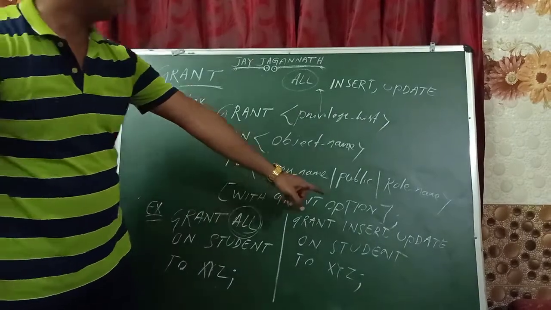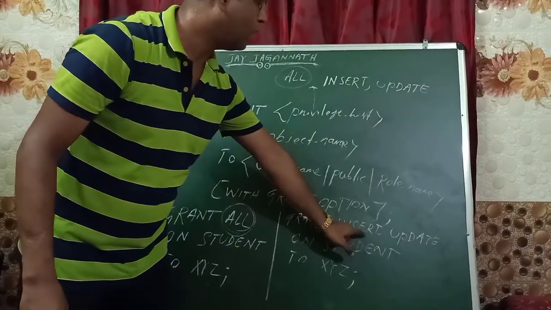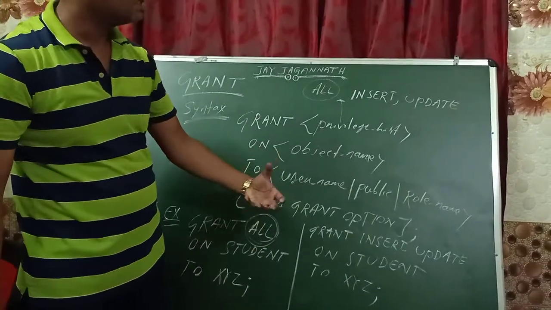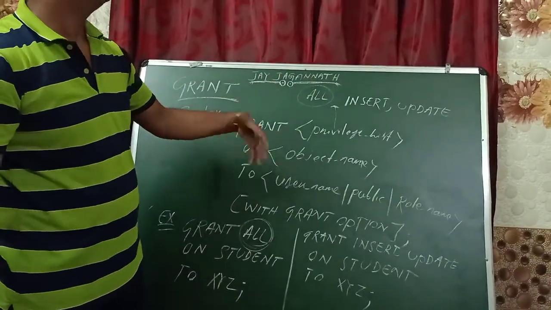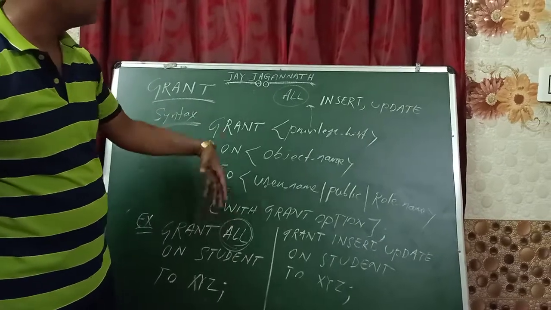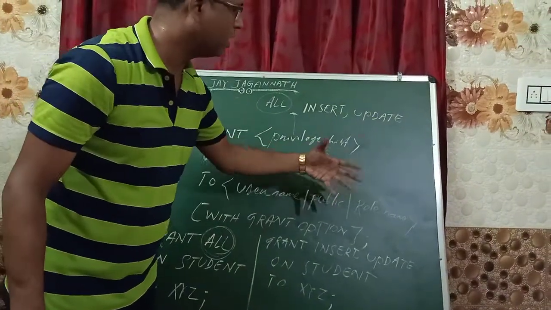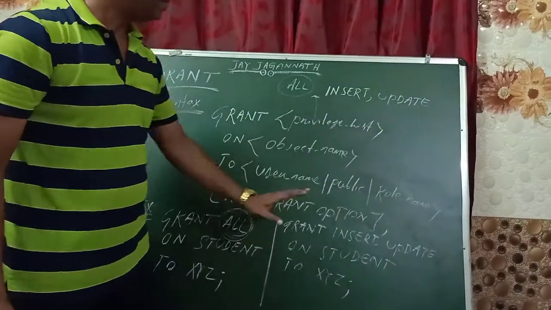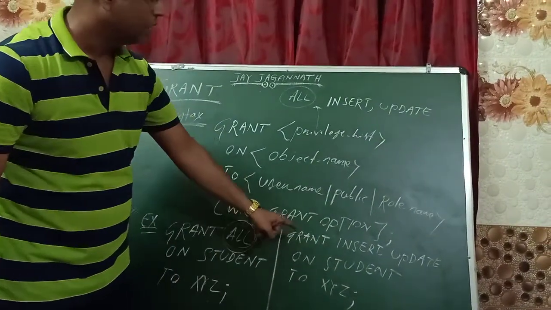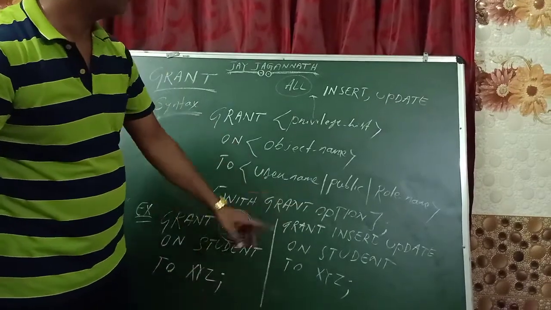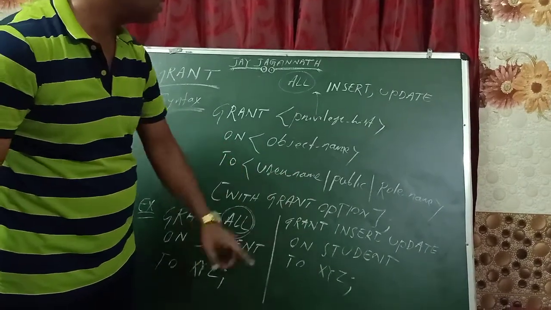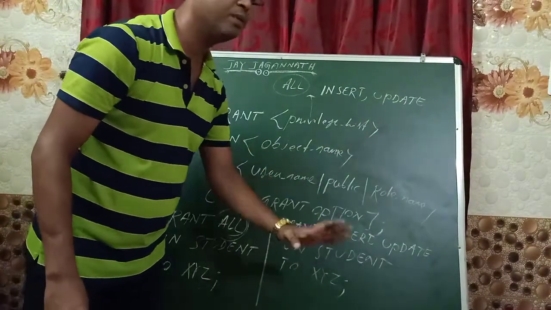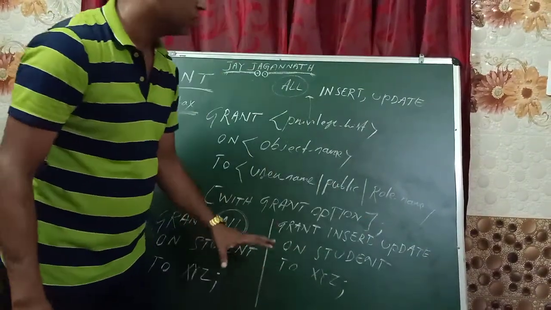That's why we didn't use the all keyword here. The all keyword means the user can access all the permissions from the DBA, meaning the DML operation permissions like insert, update, delete. But in example 2, the DBA gives two types of privilege to the user XYZ: insert privilege and update privilege.